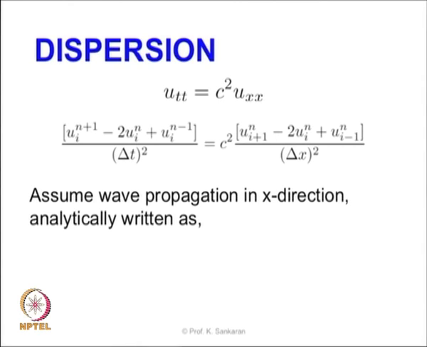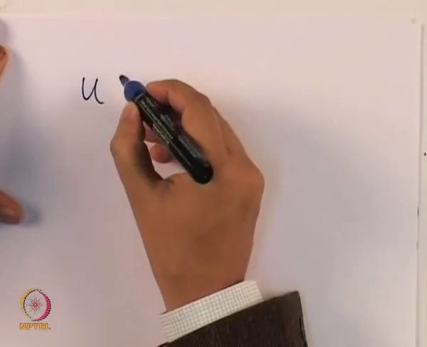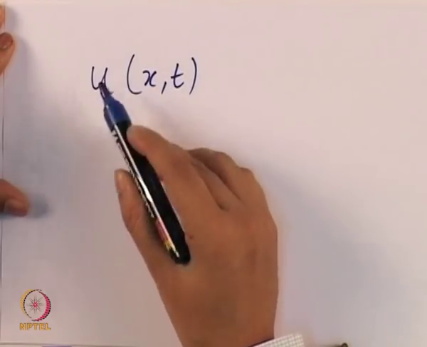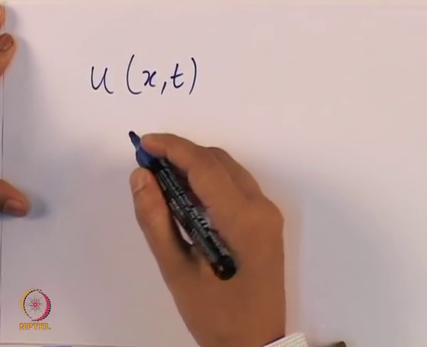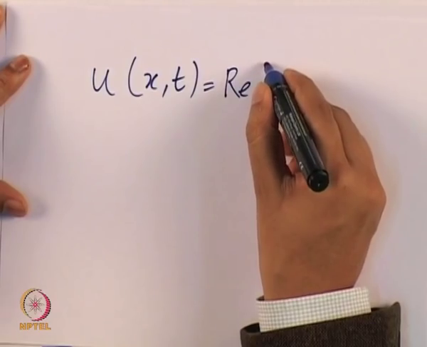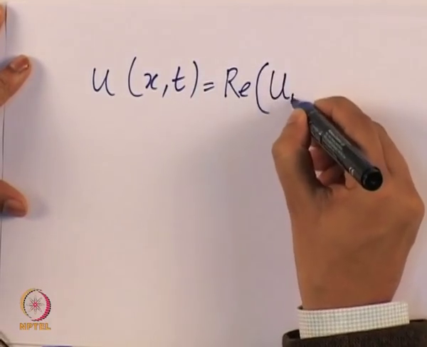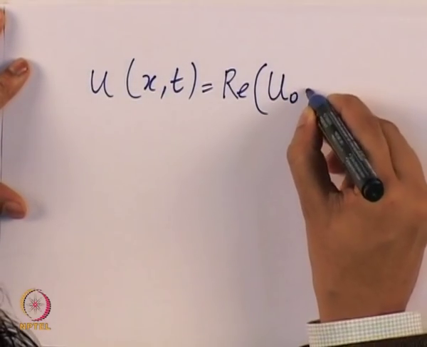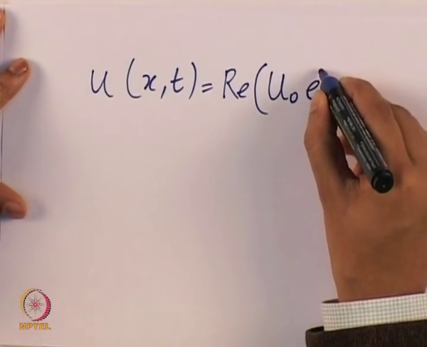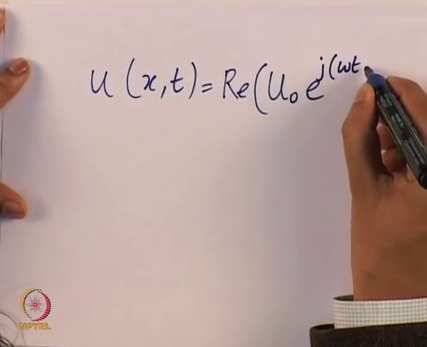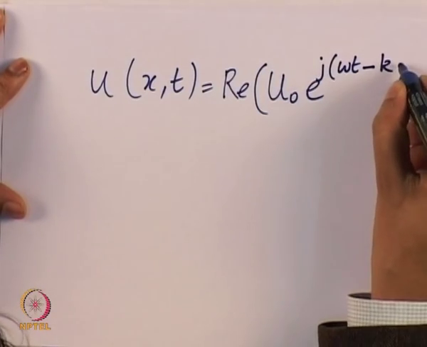If u is the analytical solution, with x comma t as the independent variables, we can write the solution as the real part of u naught, the magnitude of u, times e power j omega t minus kx.